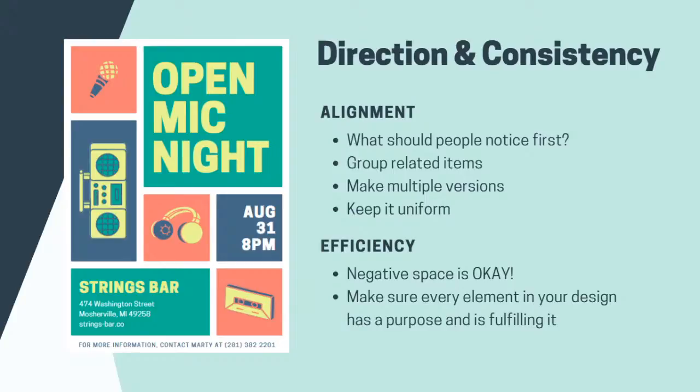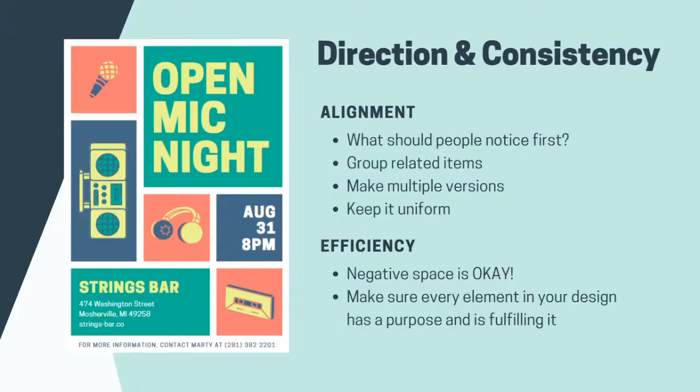Next on our list, grouping related items. You'll see they've answered the what is it in one block. Then in the next block, when is it? And then the last block, where is it? All of those things are grouped together.